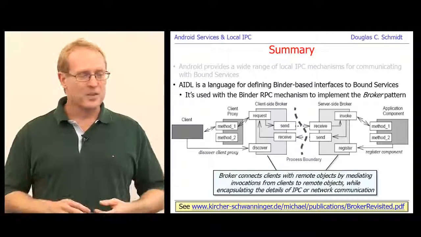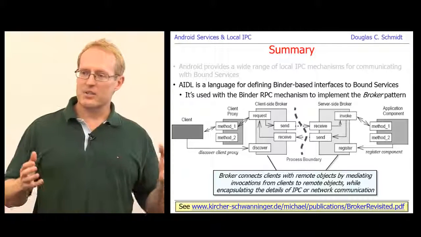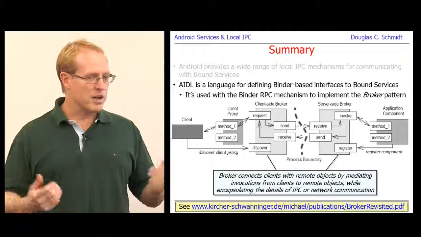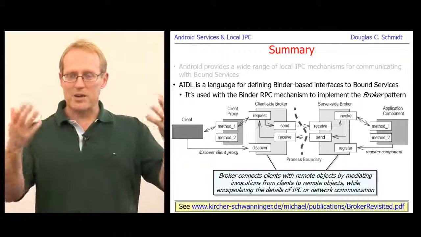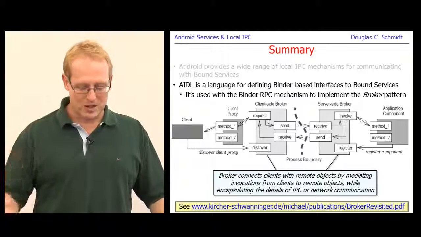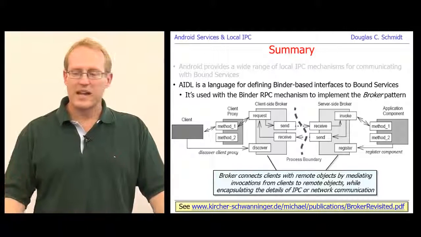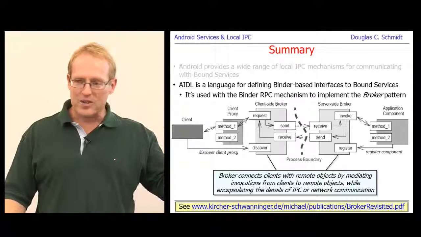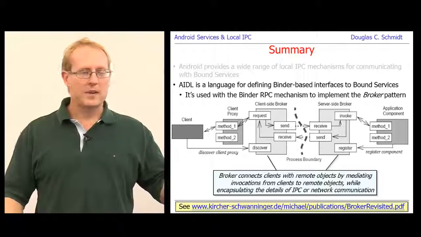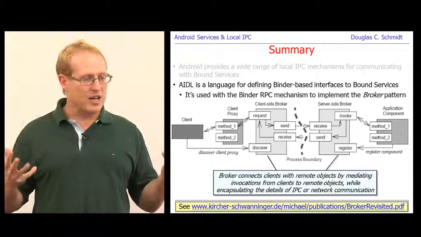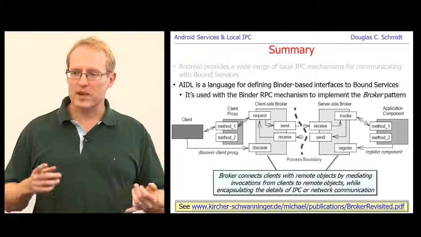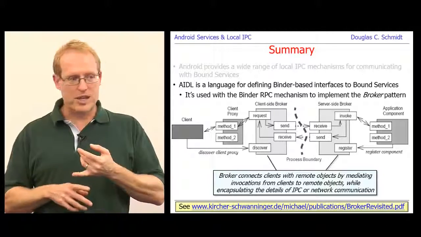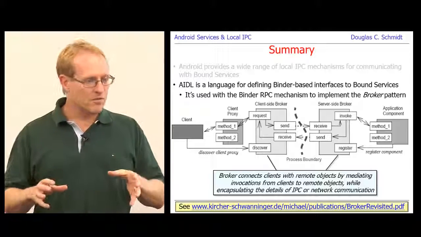But for right now, the broker pattern is basically a pattern that allows clients and services, or clients and objects, to communicate across address spaces, maybe on the same machine, maybe across a network. In Android's case, it's within the same machine, in order to allow communication to take place that looks like method calls on normal objects, but in fact shields the application code from all the low-level details of connection management, data transfer, memory management, synchronization, concurrency, fault tolerance, et cetera.